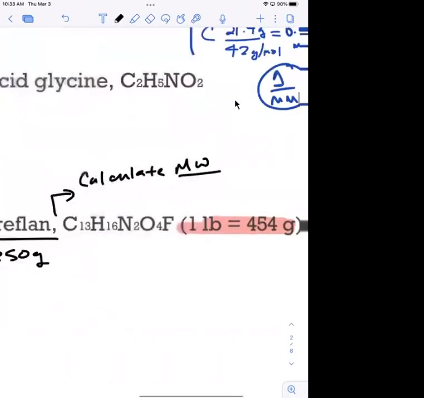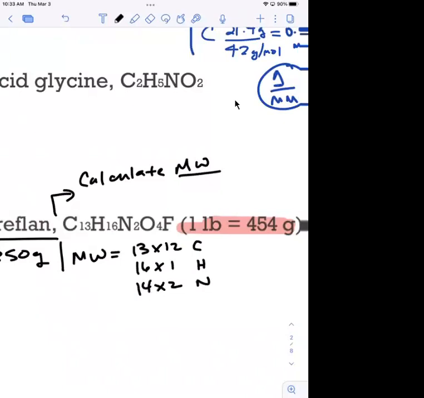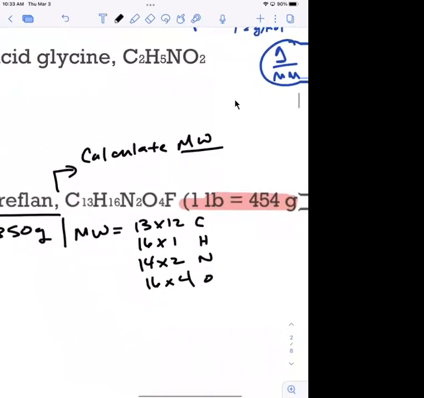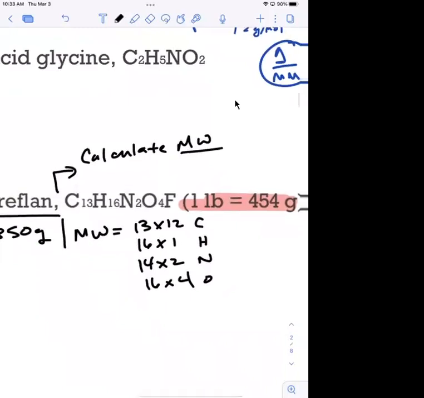All right, so let's calculate it. What is it? 13 times 12 for carbon. 16 times 1 for hydrogen. 14 times 2 for nitrogen. 16 times 4 for oxygen. I'm rounding all those atomic masses up. And then 1 times 19 for fluorine.